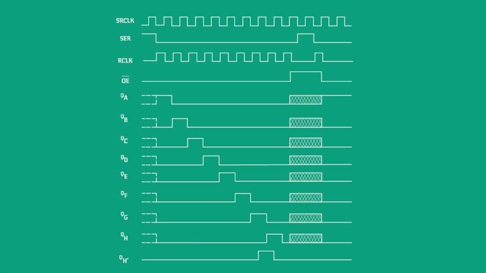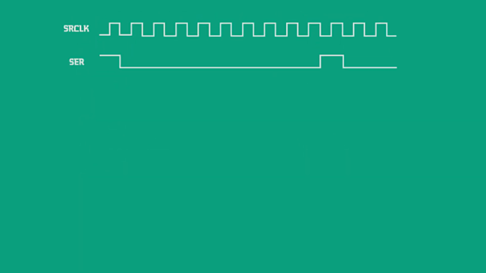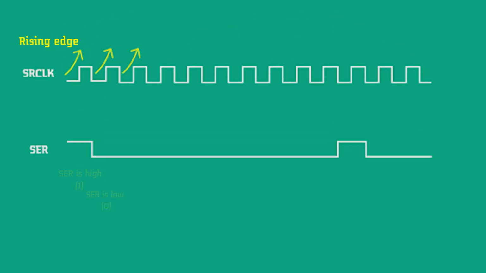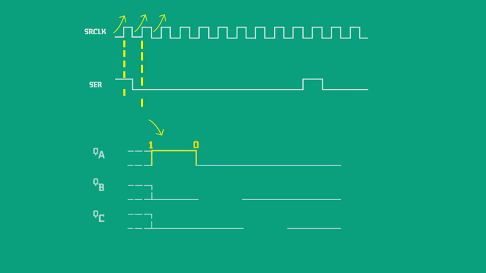To help you understand how the different input combinations relate to the output combinations, the datasheet also contains a timing diagram. Here you can see that when the SRCLK, so the shift register clock pin, receives a rising edge, so it goes from low to high, and the SER, so the serial input, is either high or low at that exact moment, then that bit, which can be a 1 or 0, is pushed into the shift register, and all existing bits move one place forward.